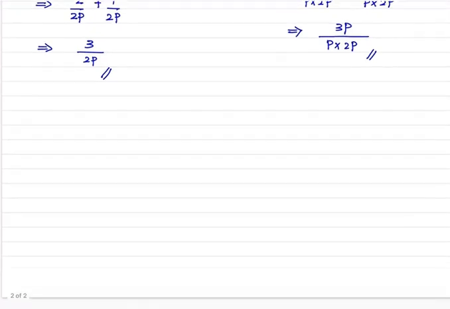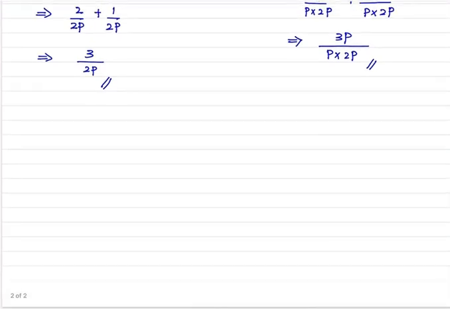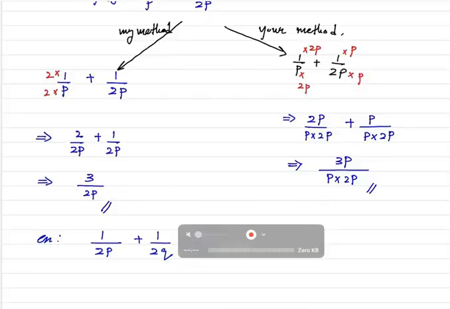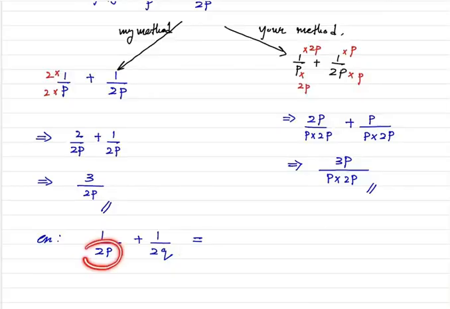Now, last question in here: 1 divided by 2P plus 1 divided by 2Q. Simplify this. Now you have to make this and this common, right? To make this and that common, can you see 2 and 2 is common? Okay, so what you have to do is this.